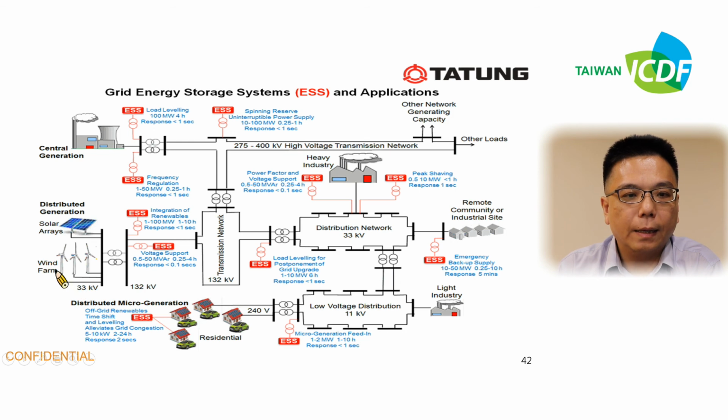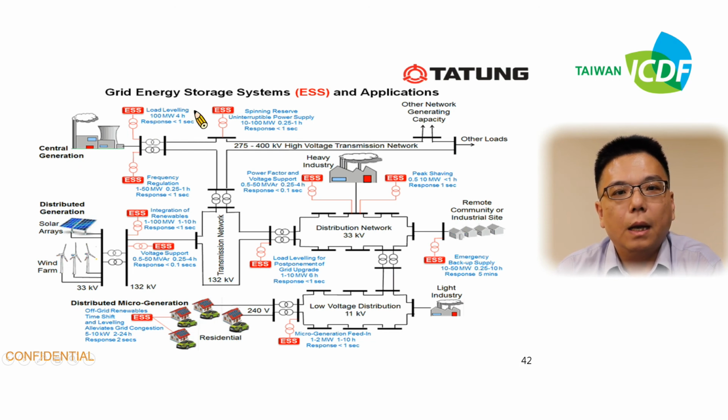When we integrate with the battery system, it can provide voltage support and renewable energy stabilization. If we integrate with the generation side, it can do load leveling. The main application is integration with the grid, especially the transmission network and the distribution network.